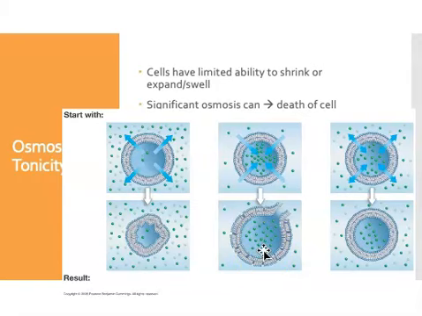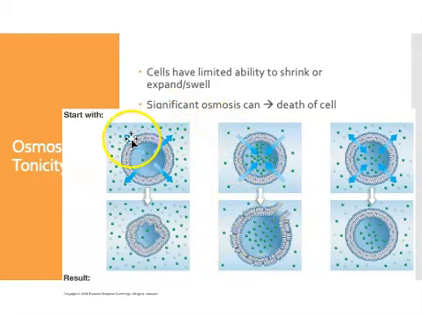But there will come a point where an increase in the volume inside this cell is going to push out the phospholipids in the membrane to the point where the membrane ruptures. This gets a name. We call this cytolysis, or more simply, lysis. When a cell ruptures like this, it's called lysis. And of course, this cell is now dead.